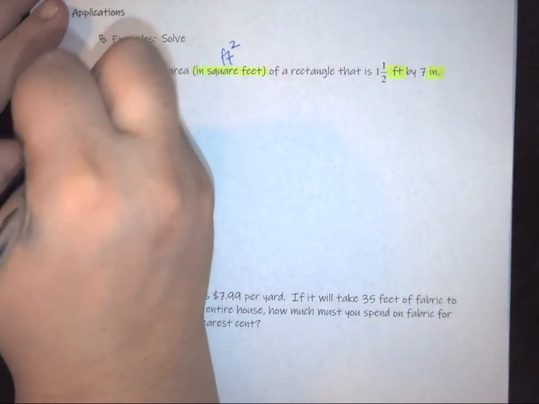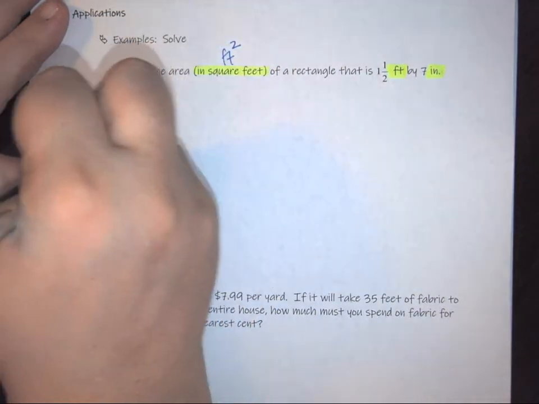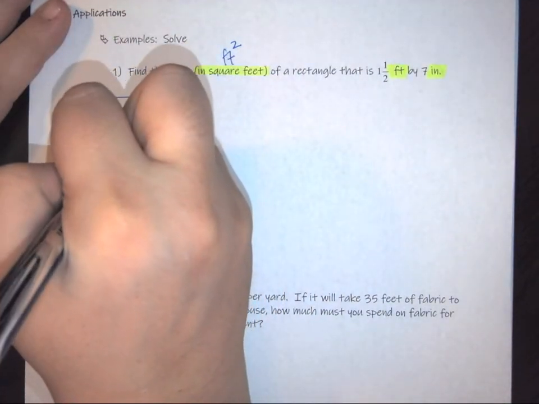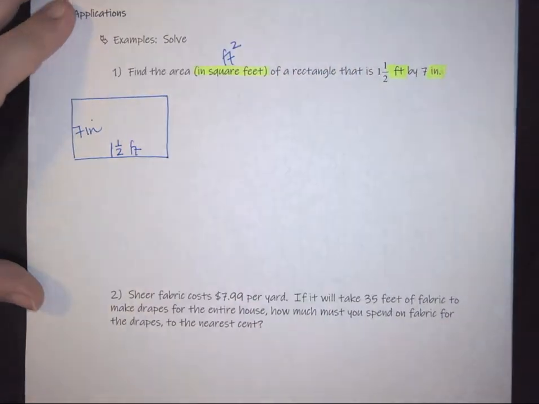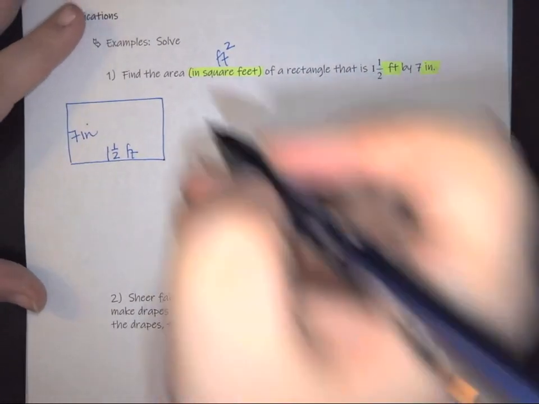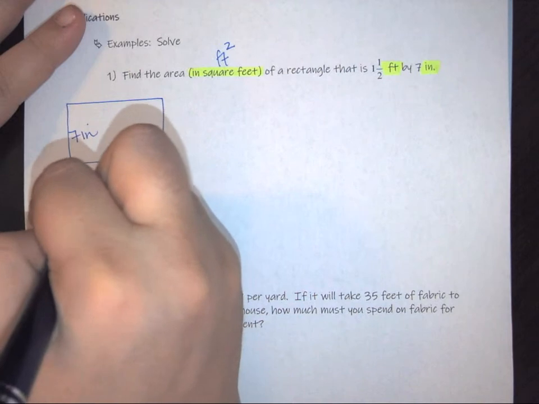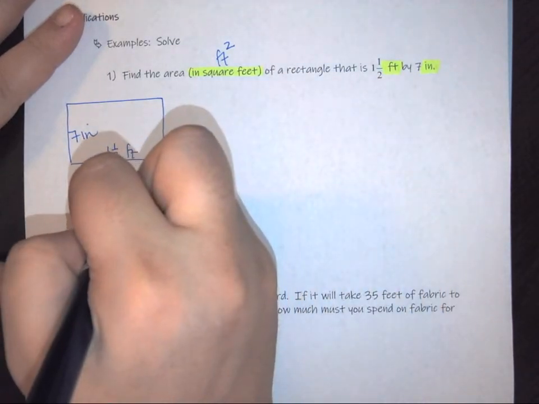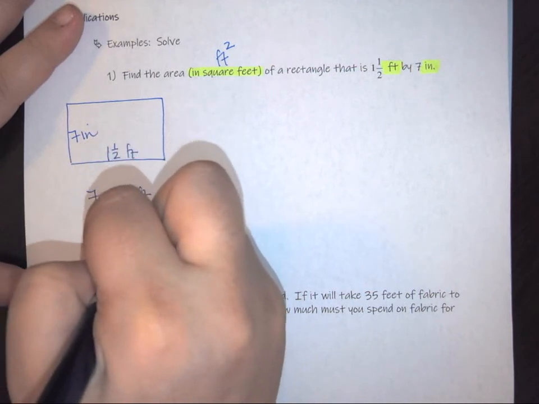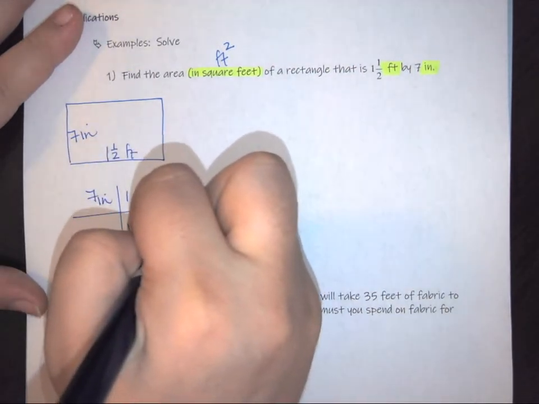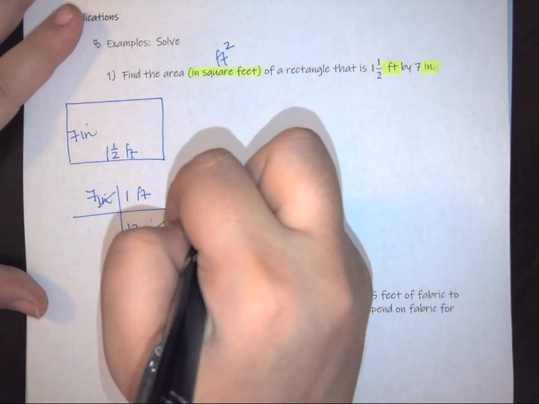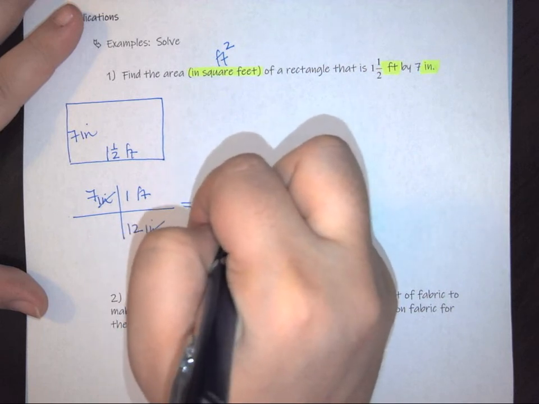So I have a rectangle here, and my rectangle here is 7 inches by 1.5 feet. So I need to convert first my 7 inches to feet, so I know that there is 1 foot per 12 inches. So in this case, my inches are going to go away, and it's going to leave me with 7 over 12 feet.